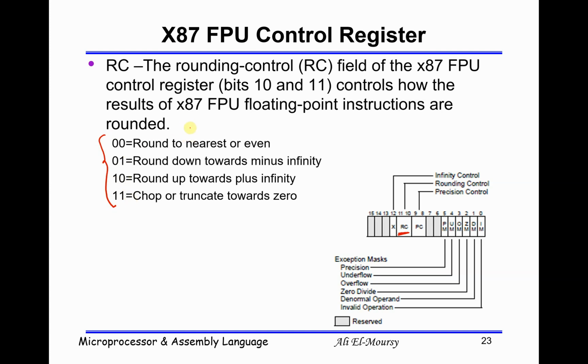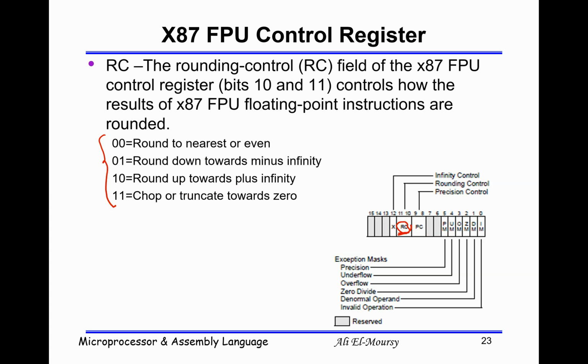These 2 bits indicate what kind of rounding needs to be performed for mathematical operations. Those are 4 different flavors of rounding: round to the nearest, round down, round up, or chop, that is, truncate toward 0. Those are 4 different methods for rounding the numbers in the mathematical operations performed in floating point.